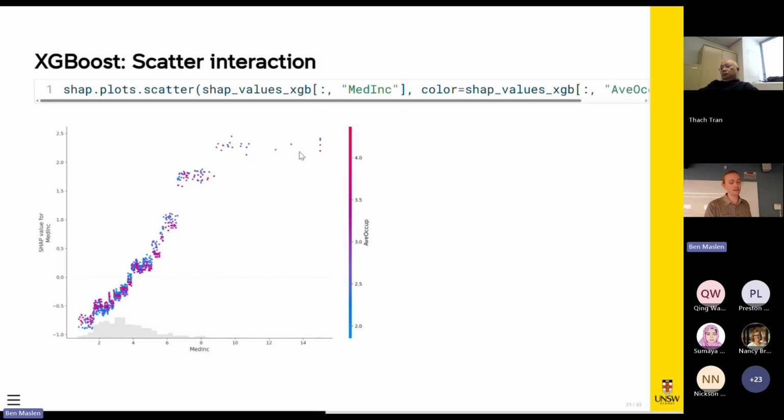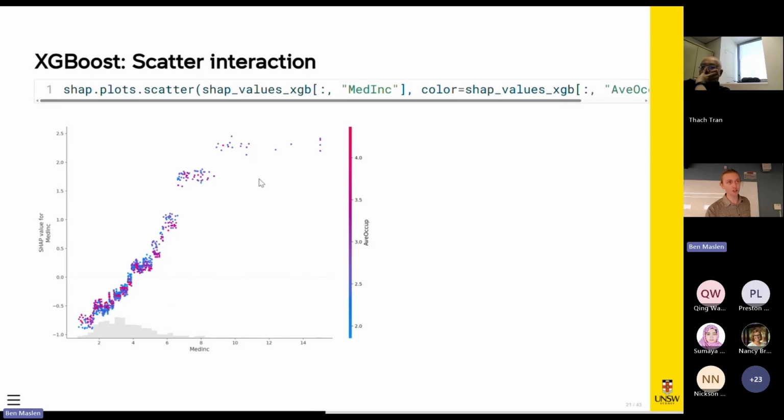And we can see this interesting relationship, okay? For blocks of houses where the median household income is small, we can see the red points are on the top and the blue points are on the bottom. So we interpret that if you're in blocks of houses where people aren't earning that much money, the houses in those blocks tend to be worth more money if there's more people living in those houses, okay?